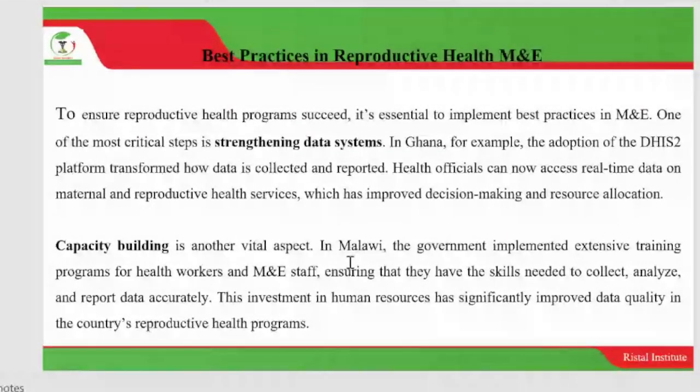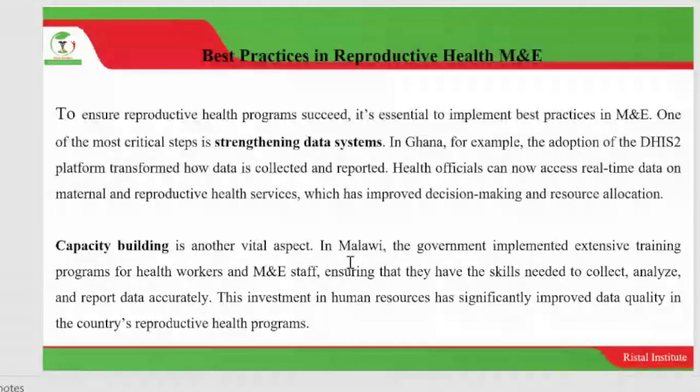That, for example, the adoption of the District Health Information Systems version 2 platform transformed how data is collected and reported. Health officials can now access real-time data on maternal and reproductive health services, which has improved decision-making and resource allocation. So it is important that we strengthen our data systems.